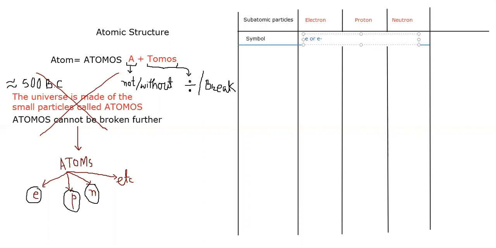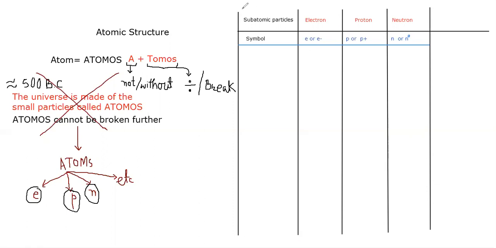The proton is small p, or e with a positive sign. The neutron is small n, or n with a neutral sign. I will draw that zero in the index like this.